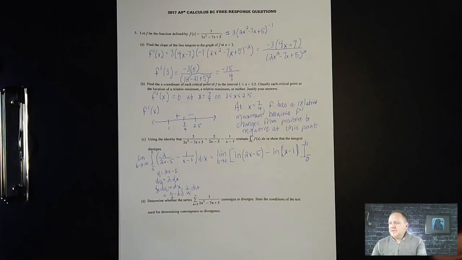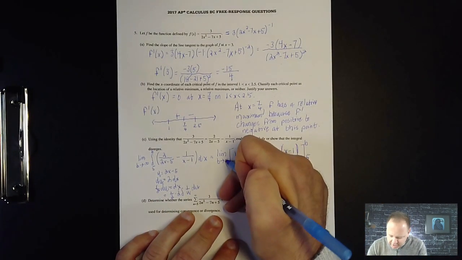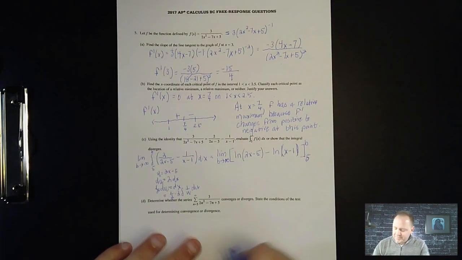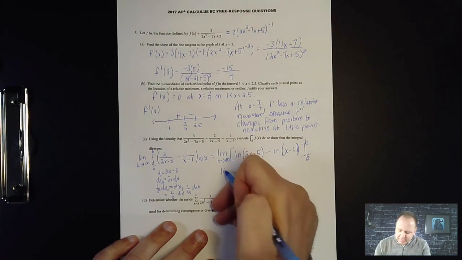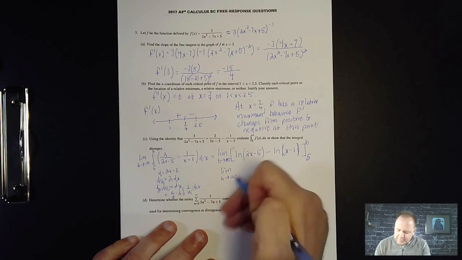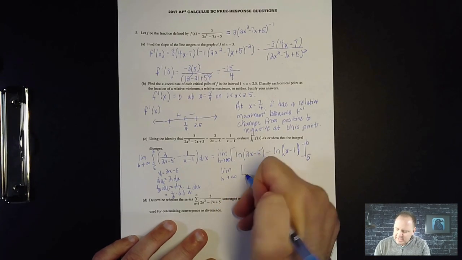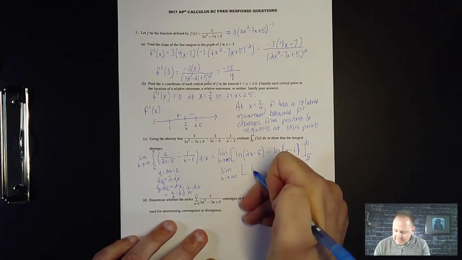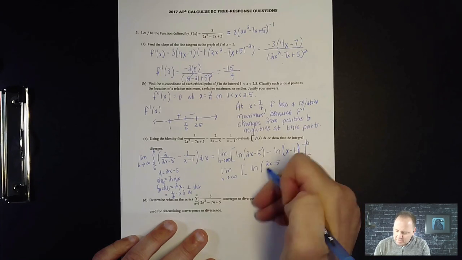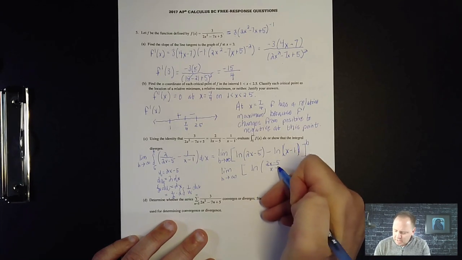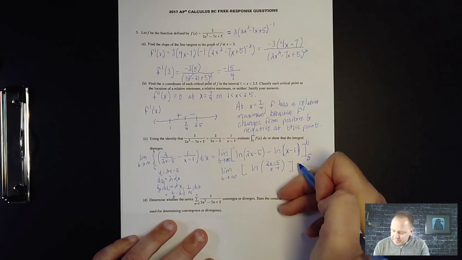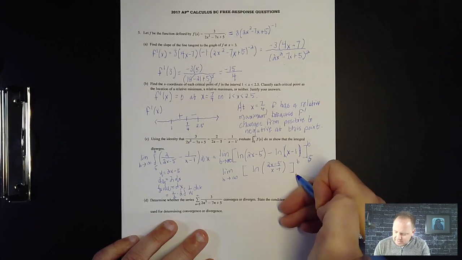I think it'll be easier, and I'm sure you're yelling at me when I'm writing things down. So limit as b approaches infinity, sorry. I need to use some log simplification properties before I evaluate this limit. It makes sense to me that I would combine this as the ln of 2x minus 5 all divided by x minus 1. It'll just be easier to do an end behavior model when I plug in b into my FTC.